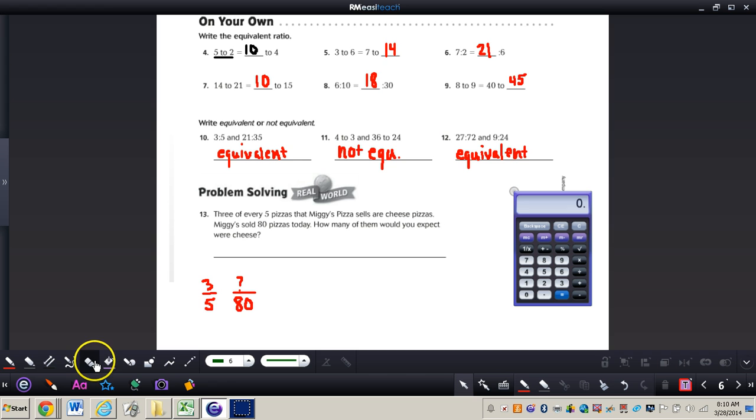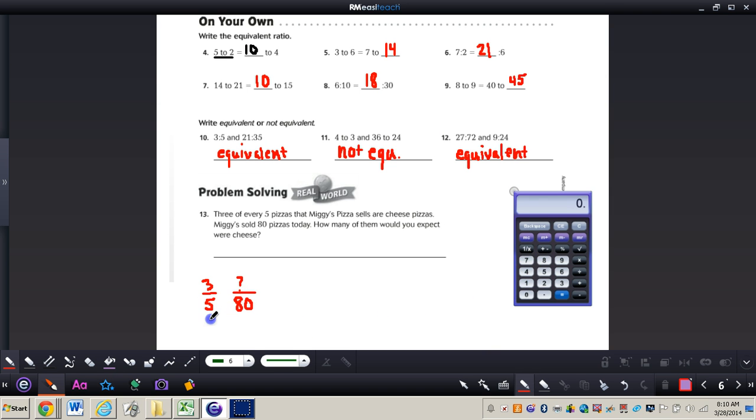Now this we can do pretty easily here, and that 3 to 5 is in simplest terms. Whenever a ratio is not in simplest terms, you may run into a problem like we did for number 5 up here. But when it is in simplest terms, you need to think about 5 times what gives you 80, and we could even do 80 divided by 5.